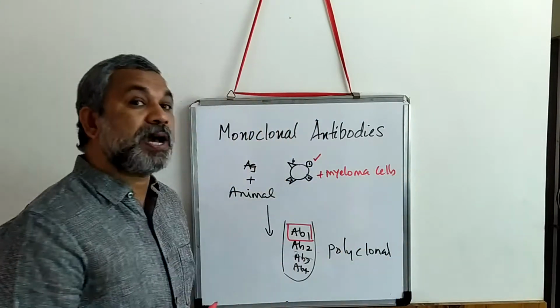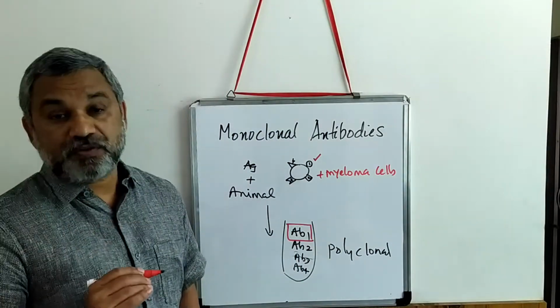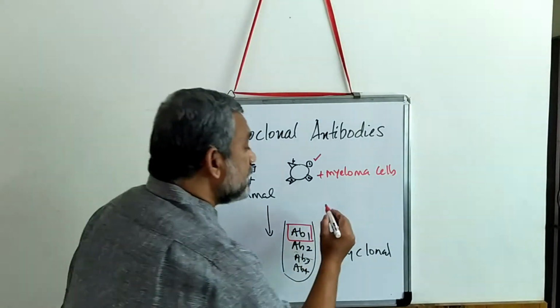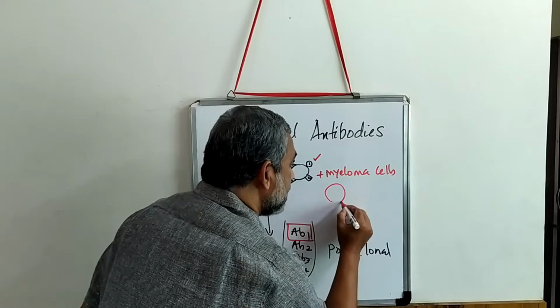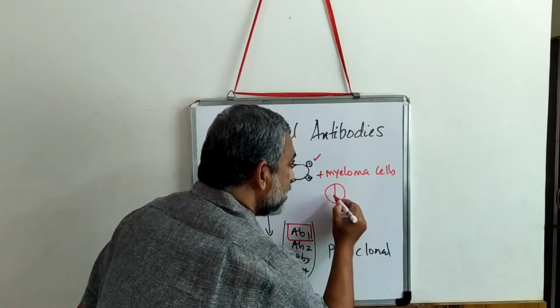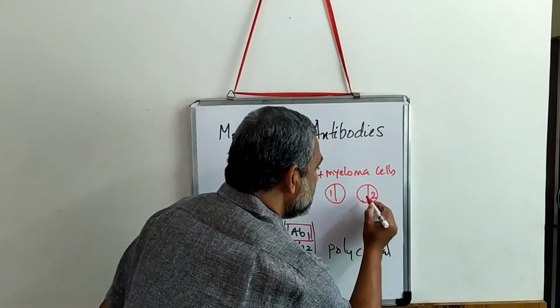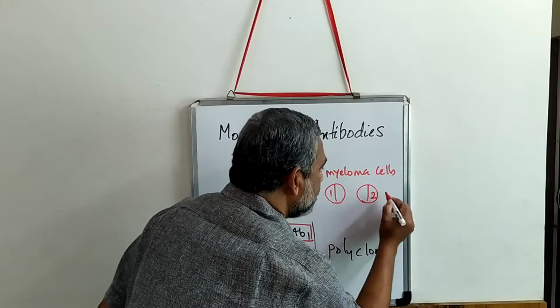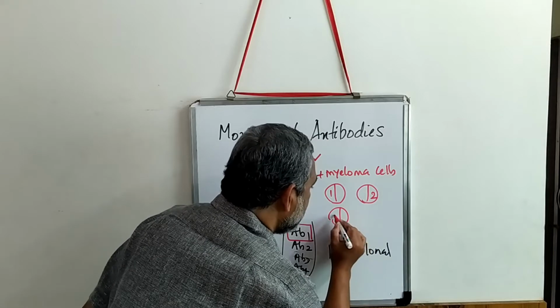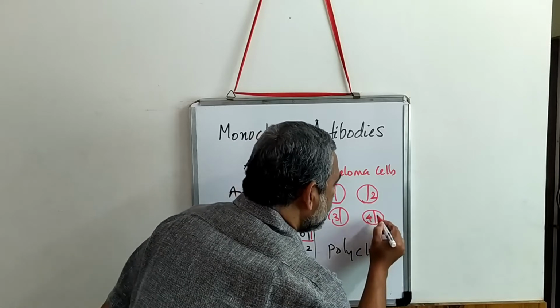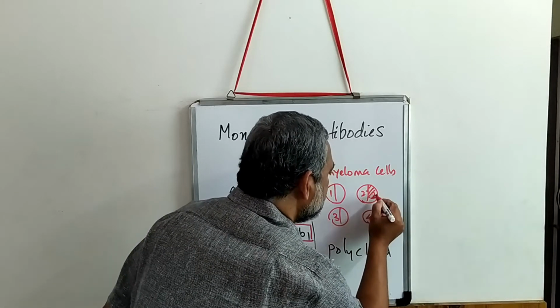Now what happens with the myeloma cells is, each of these antibody-producing cells can fuse with the myeloma part. This is number 1, this is number 2, this is number 3, and this is number 4, and this is the myeloma part.